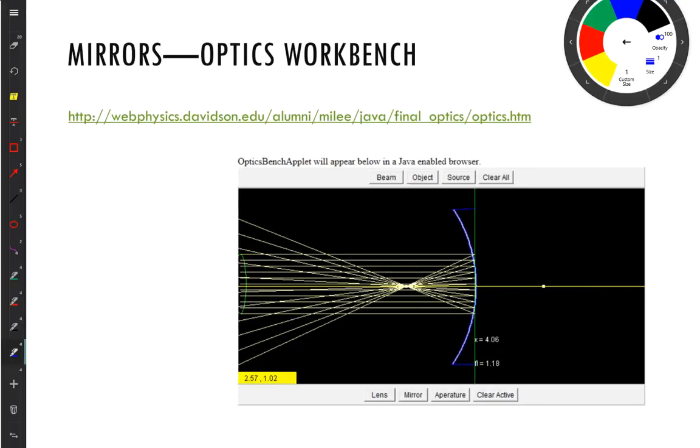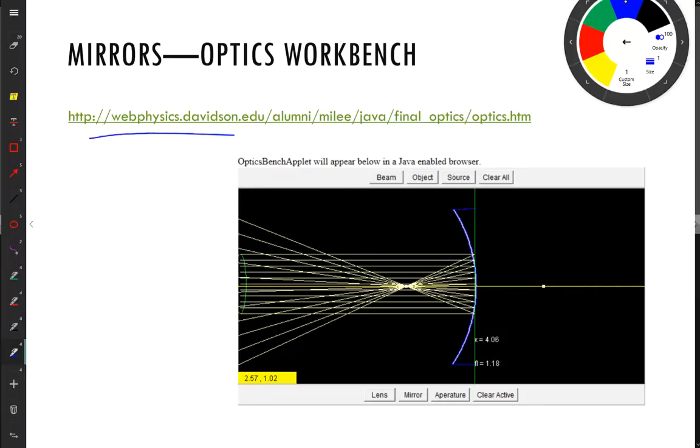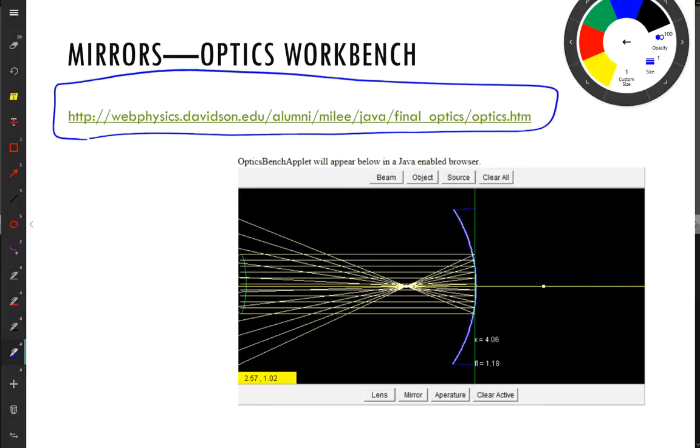I'm not going to this website just because, well, we only have 5 minutes left. But this website here allows you to actually play around with problems. Say you have a problem and it gives you a focal length and an object position. You can first clear everything and then say, well, I'm going to use an object because my problem had an object. And I'm going to use a lens because it had a lens.